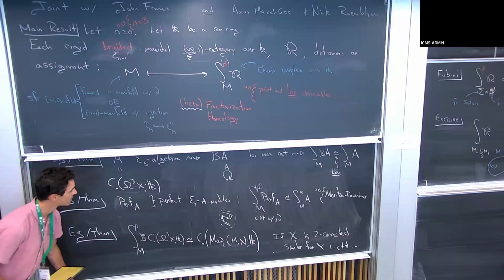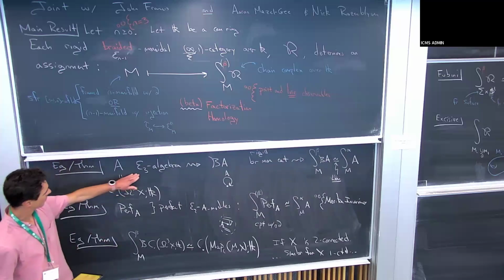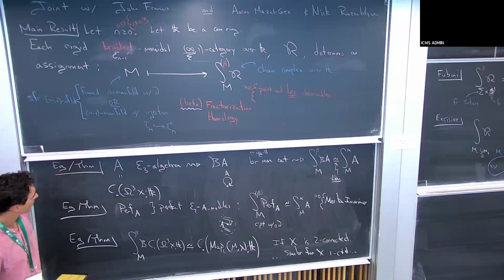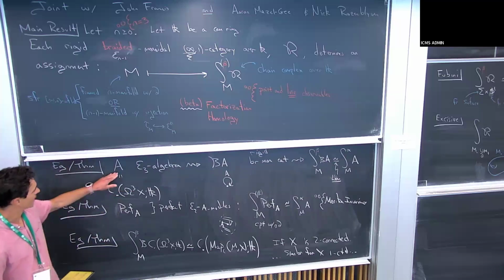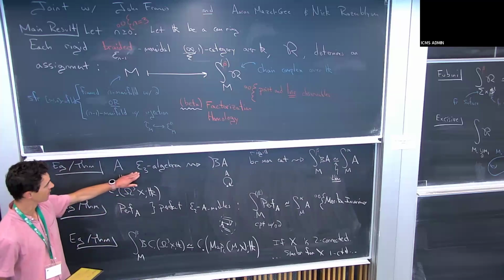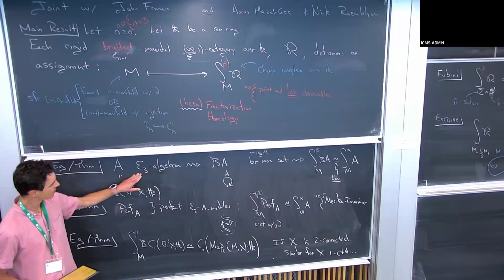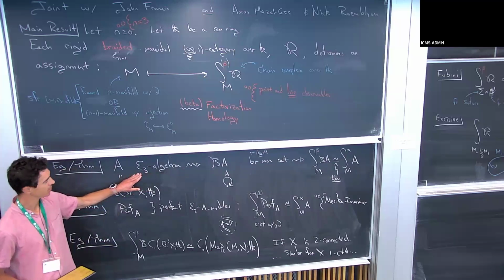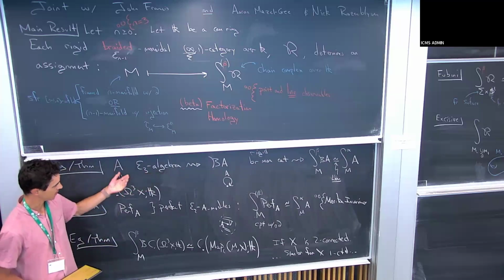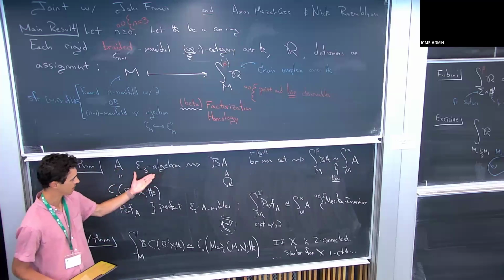Before moving on, I'll just comment that if an E3 algebra is not familiar to you, you could just take this to be a commutative algebra. In fact, you could just take it to be a commutative group, and then take its group ring.